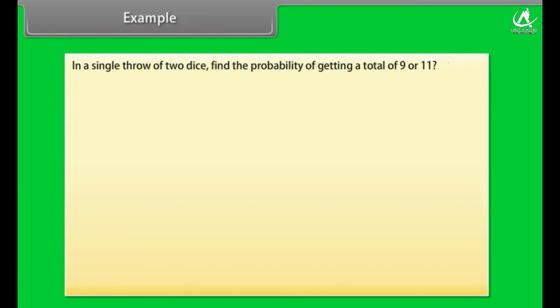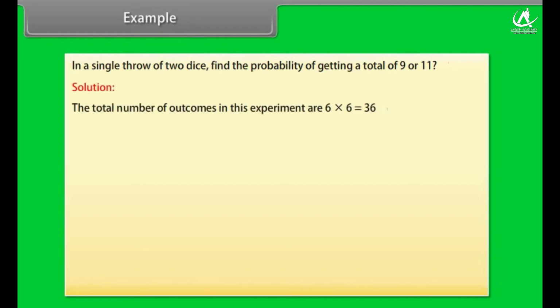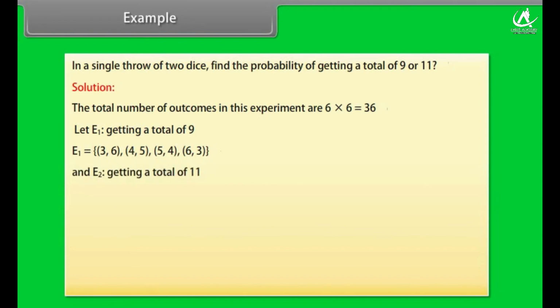In a single throw of 2 dice, find the probability of getting a total of 9 or 11. Solution. The total number of outcomes in this experiment is 6 into 6 is equal to 36. Let E1 be getting a total of 9. E1 is equal to {(3,6), (4,5), (5,4), (6,3)}, and E2 getting a total of 11.